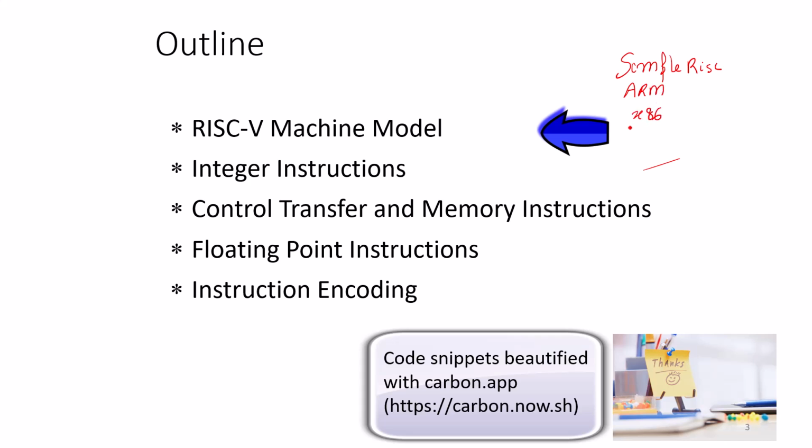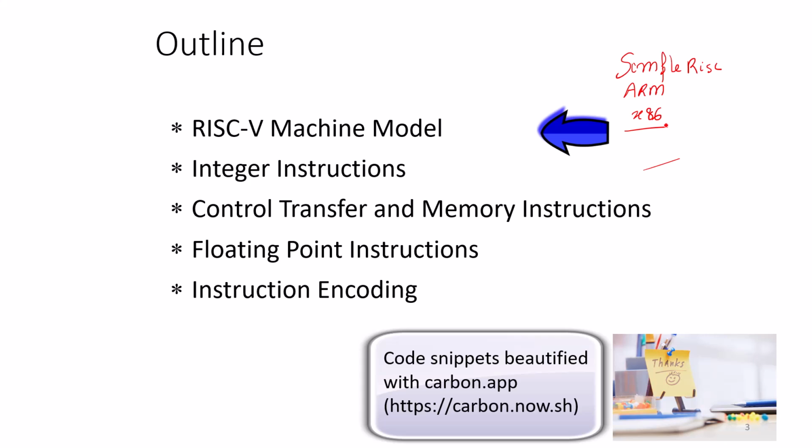So some amount of familiarity with assembly languages is assumed. In case there is a problem, you can go to the simple RISC chapter and go through the same concepts again. Because this is the fourth and the last assembly language that is being introduced, the treatment is slightly brief.